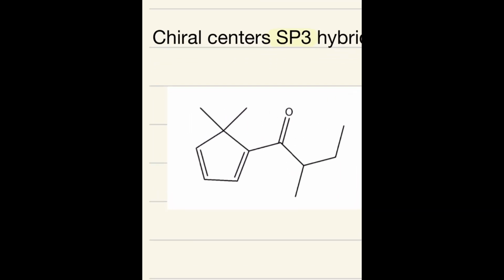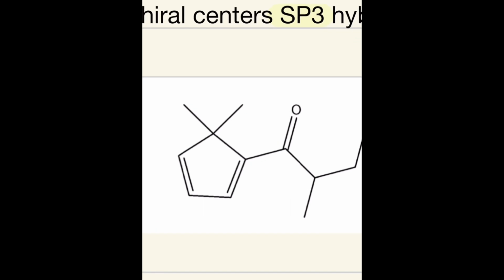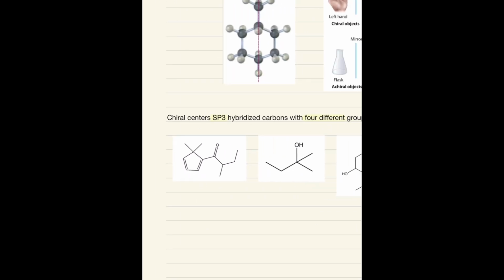All right, let's go ahead and look at these carbons. We also need to understand that these methyl carbons have invisible hydrogens, and there's 3 of them. It is sp3, but because it has 3 hydrogens attached to it, we know they're not chiral because remember, we need 4 different groups attached.